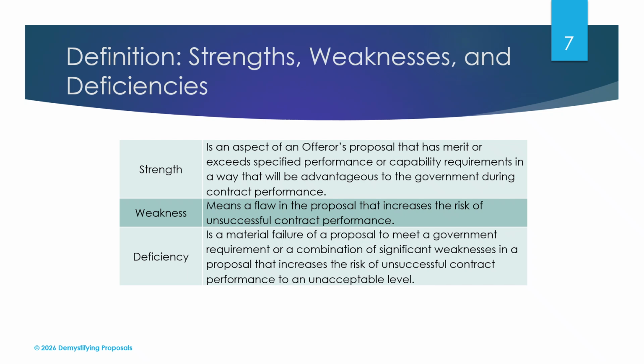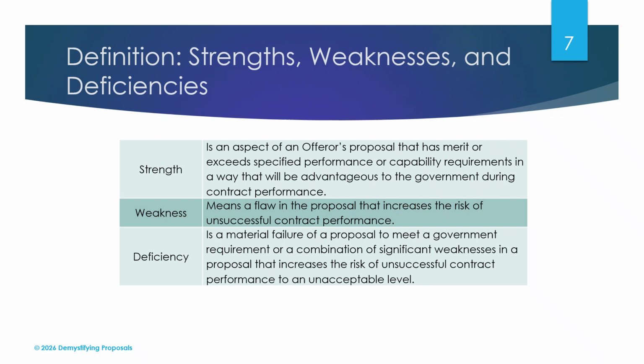Here are the definitions of strengths, weaknesses, and deficiencies taken from an evaluation by the government. So a strength is an aspect of an offeror's proposal that has merit or exceeds specified performance or capability requirements in a way that will be advantageous to the government during contract performance.